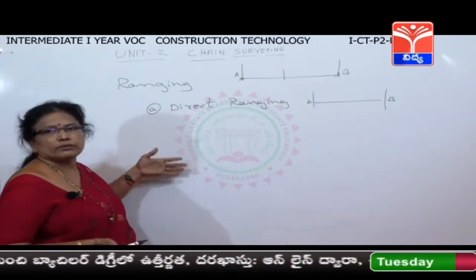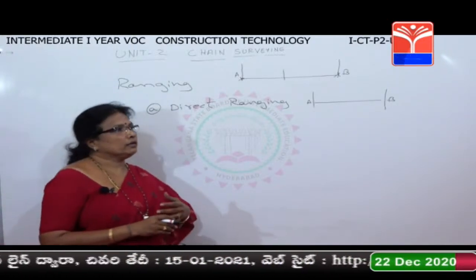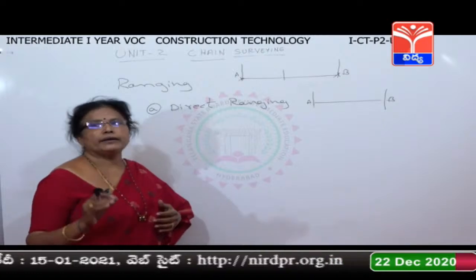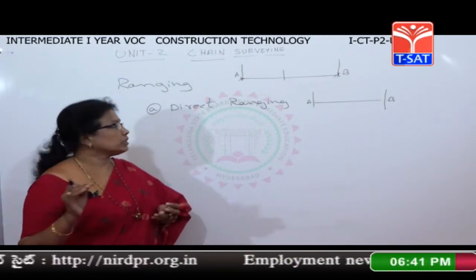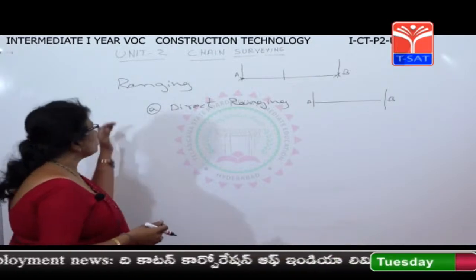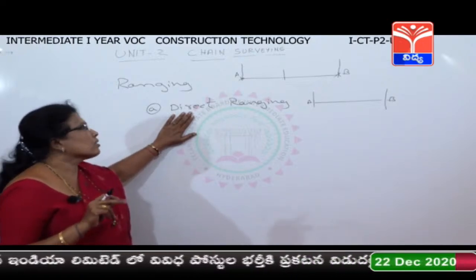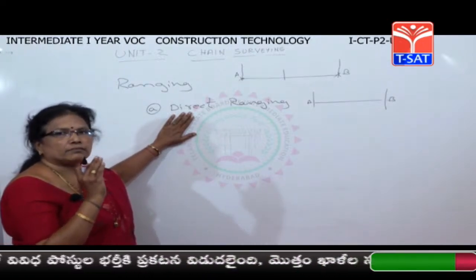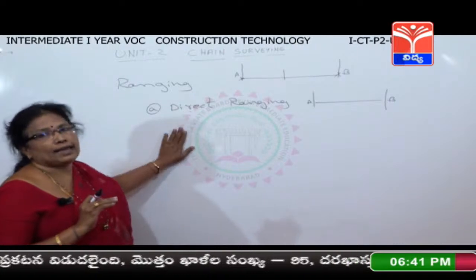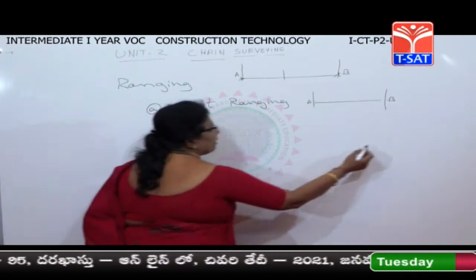Or you may get a question like explain only indirect ranging, or explain direct ranging. Like that also they may ask you. Now direct ranging. Direct ranging is done in two ways: one is by eye and another is by line ranger. Now we'll see how it is done by the eye.